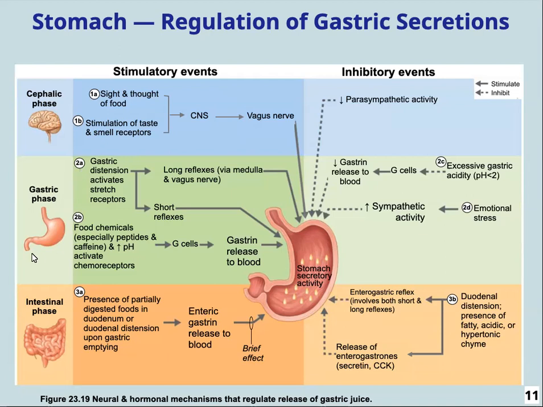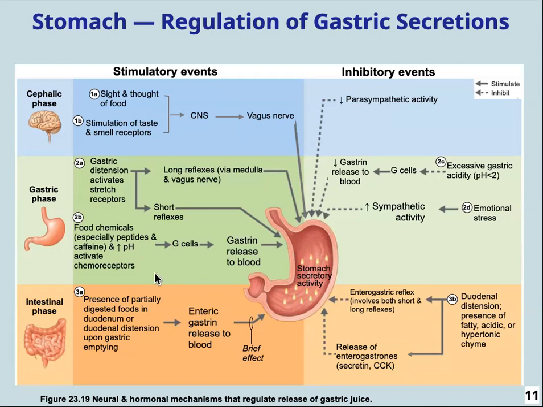Okay, and moving on to the gastric phase. The gastric phase, its most important triggers are gastric wall distension from food entering into the stomach. So this is considered more of a neural mechanism, right? Because the stretch receptor then activates neural reflexes, which then promotes secretion by the stomach.